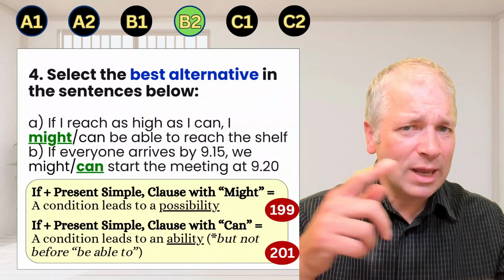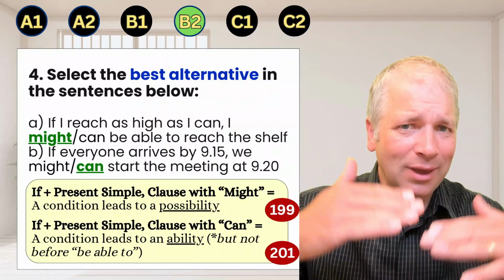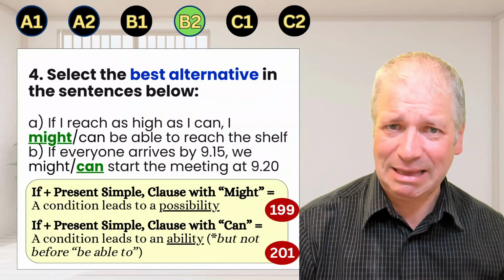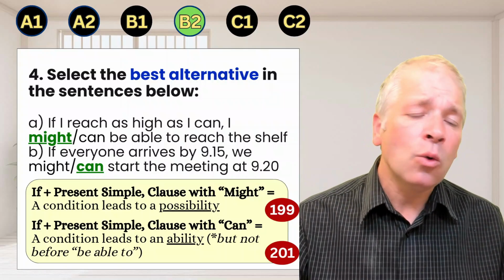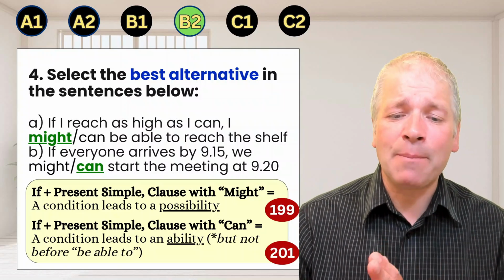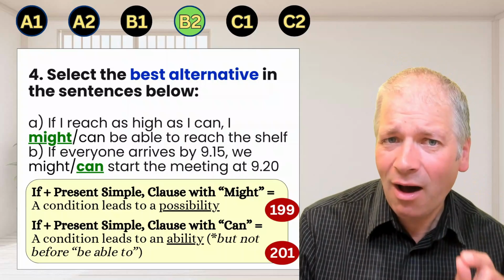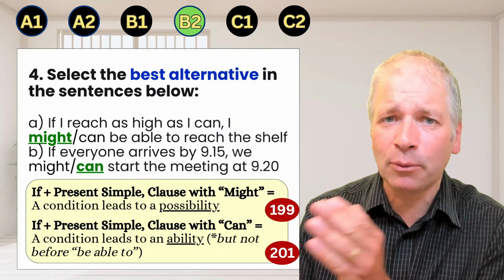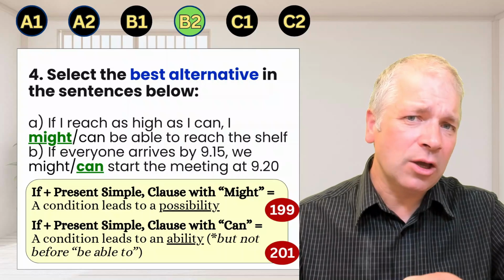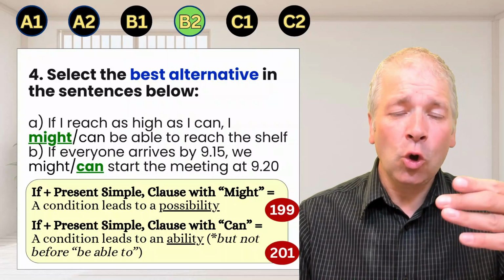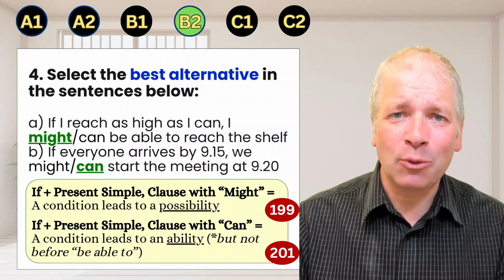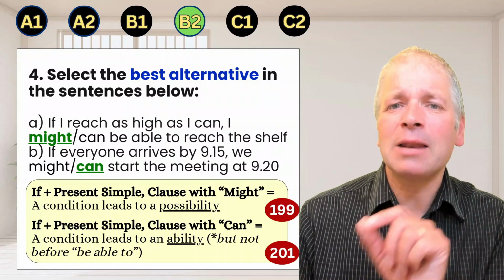Now, why couldn't we have switched it and used might or can in the other sentences? Well, in A, we have I can be able to reach the shelf, but we can't say can be able to. We normally could say might be able to, would be able to, could be able to, but we don't say I can be able to.